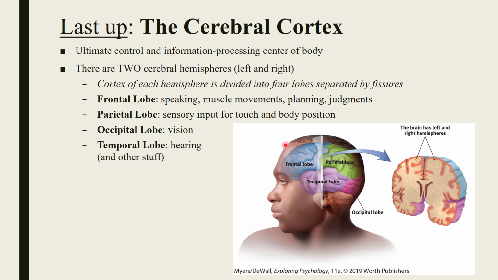So we'll start with the frontal lobe. The frontal lobe, again, is named that because it's right in the front of your brain. If you were to touch your forehead, right behind there would be your frontal lobe. It's responsible for helping you do things like speak, plan out the actions that you want to do, and initiate muscle movements. It helps you with judgment and timekeeping.